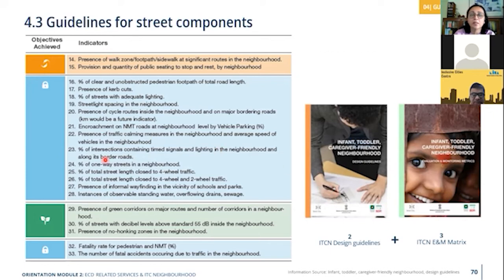So how do you measure if it is safe or not? You can see what the street light spacing is, whether there is a presence of a cycle route or not, the amount of total streets where four-wheeler or two-wheeler traffic is there, and the amount of street which is having a walkway. So these are the indicators that can help us measure if the objective is met or not.